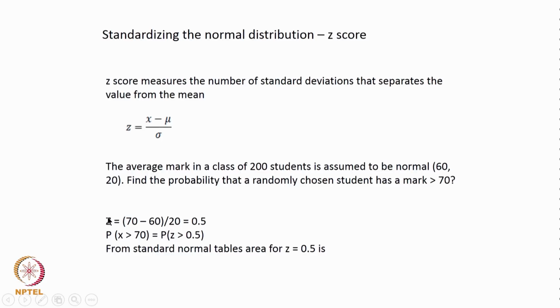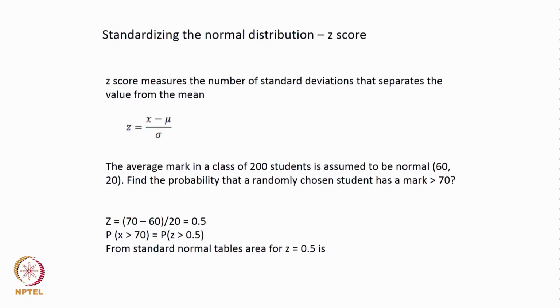I have shown it with an uppercase Z here, but we use z equal to (x minus mu) by sigma. Mu is 60, sigma is 20, x is 70. So, z corresponding to x equal to 70 is (x minus mu) by sigma, 70 minus 60, which is 10, divided by 20, which is 0.5.